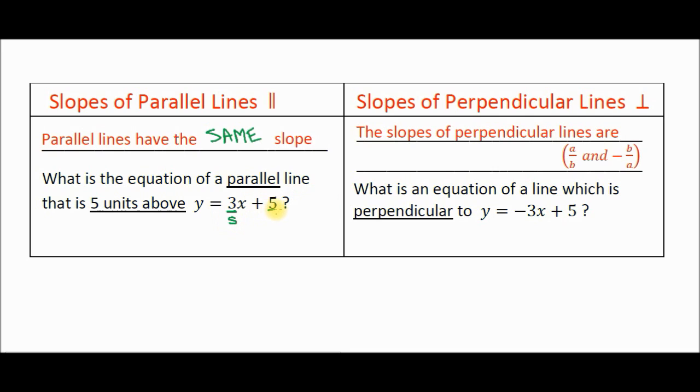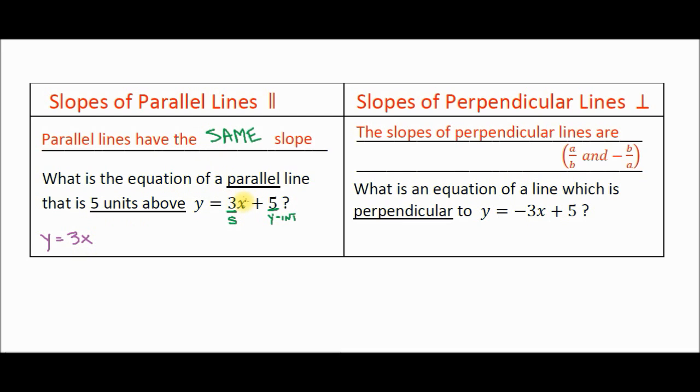This 5 is the y-intercept, where it crosses the y-axis. So a couple things we know. If the equation we're going to write is parallel to this line, then the slope has to be the same. That means our equation has to be y equals 3x, because our slope must be the same.